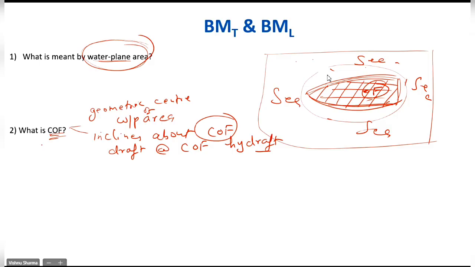And the draft at center of flotation is called the hydrostatic draft. And center of flotation is the point about which the vessel inclines. Whenever there is a transverse inclination or longitudinal inclination, it happens about the center of flotation.